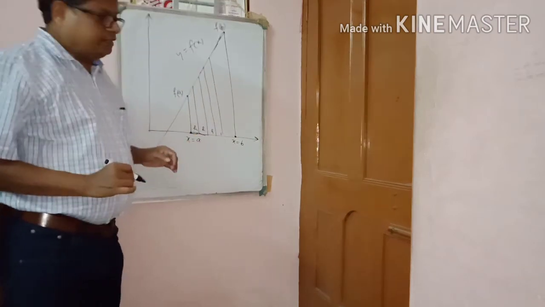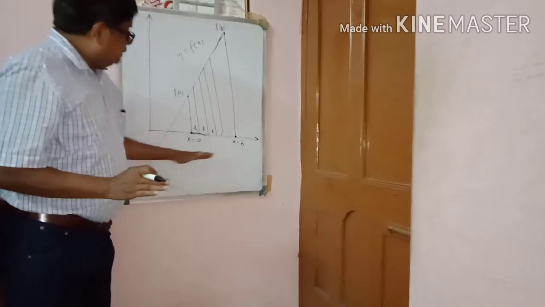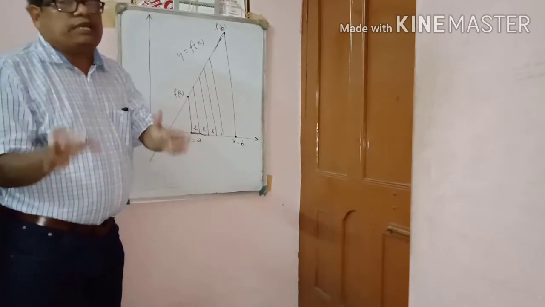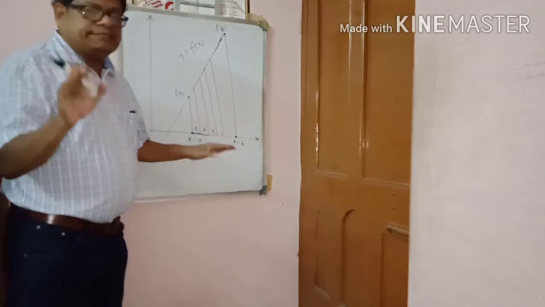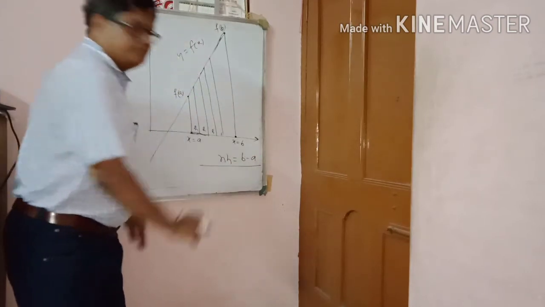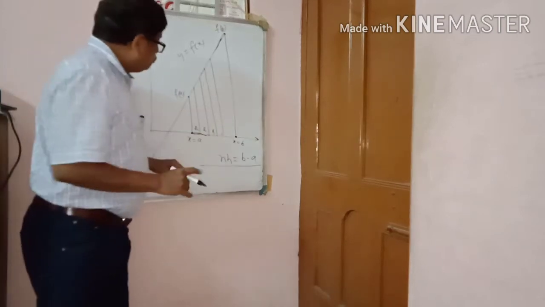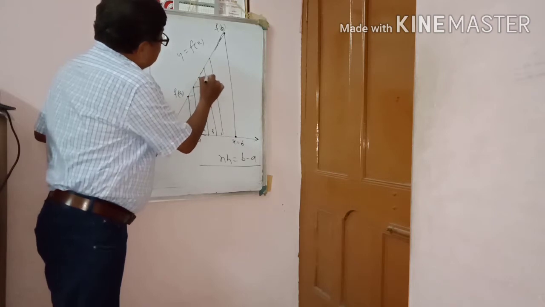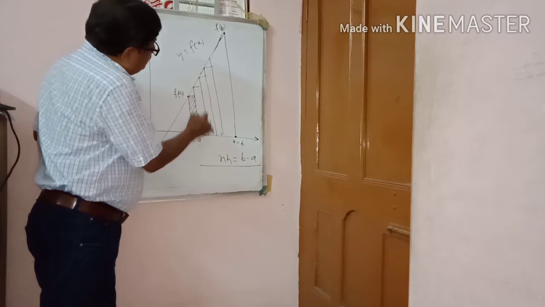So the total length is nh, n number of sub-intervals. So nh should be b minus a. Now we have to draw rectangles. We are taking only this part, area find out. Suppose this area we find out.